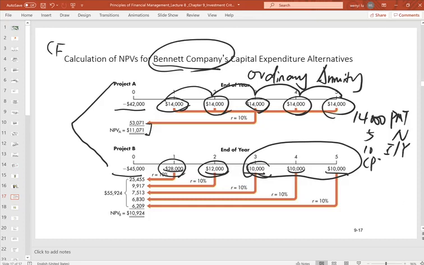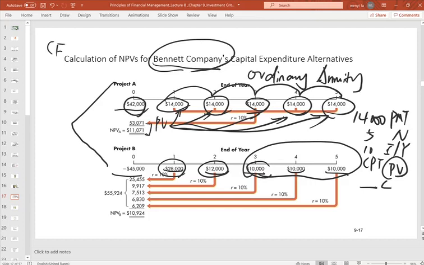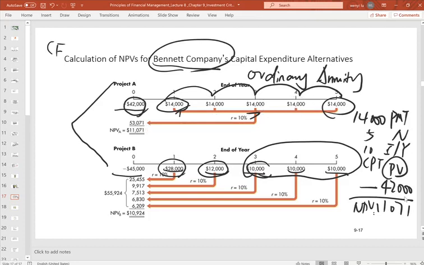We will solve the present value of these future cash flows. This PV you solved, minus the initial cost $42,000, will be the net present value, equal to $11,071. Because they are equal cash flows, we can use the payment keys.